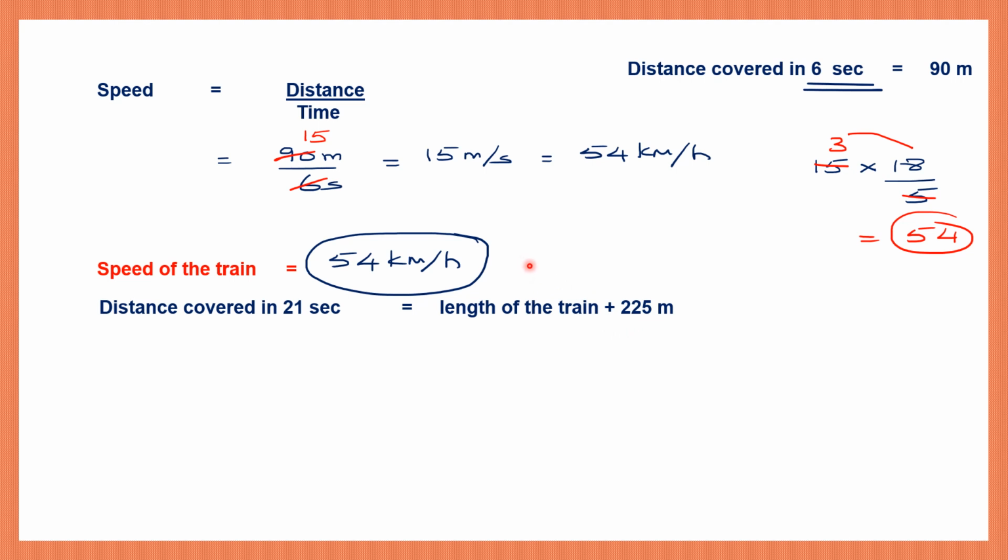So this is our final answer. Whatever you take that is given in the question, whether it is the distance covered when it passes a platform or when it is passing a stationary man, the speed will be the same. So you can even check this out. You can work this out and see whether you're getting the same answer.